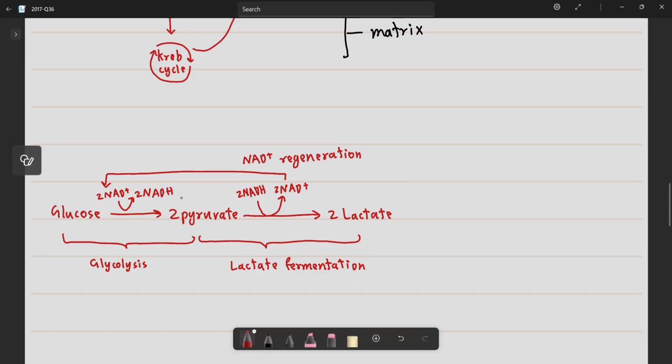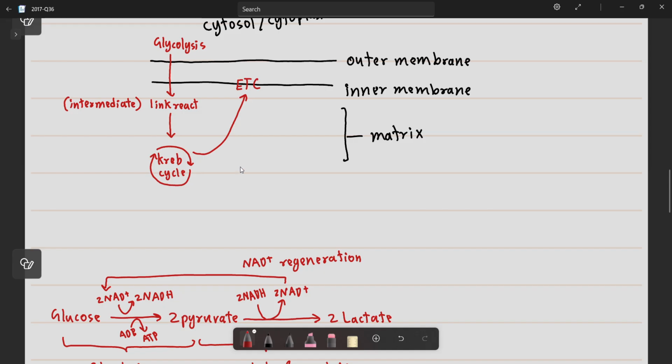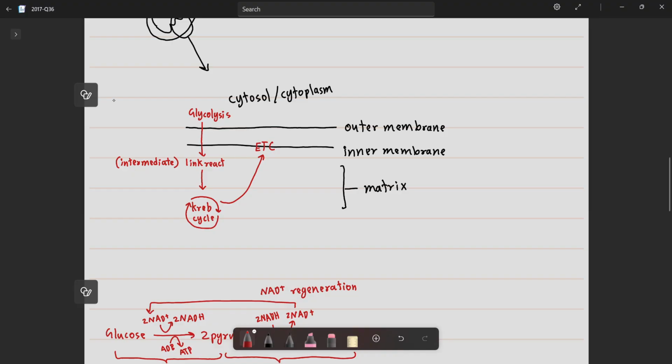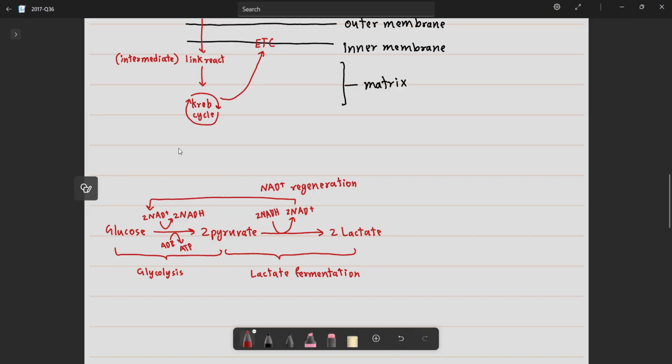Although this is ineffective in producing ATP, ATP is mainly and majority produced in oxidative phosphorylation, which is this ETC. Okay, so in this entire cellular respiration, it occurs only if the conditions are aerobic, if there's enough oxygen present for this cycle to completely reach the ETC. But if the situation persists in anaerobic condition, this is where the reaction proceeds.